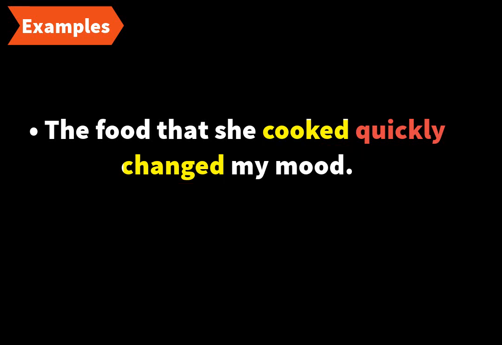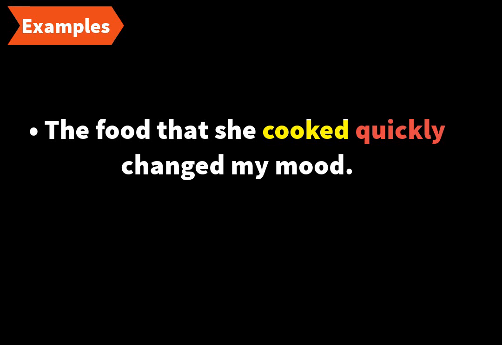So when I speak, I can make you understand which verb it is actually modifying by putting the stress or emphasis on that particular word or phrase, right? So I can say, the food that she cooked quickly changed my mood. So here I am focusing on the action of cooking. She cooked quickly, right? The food that she cooked quickly changed my mood.